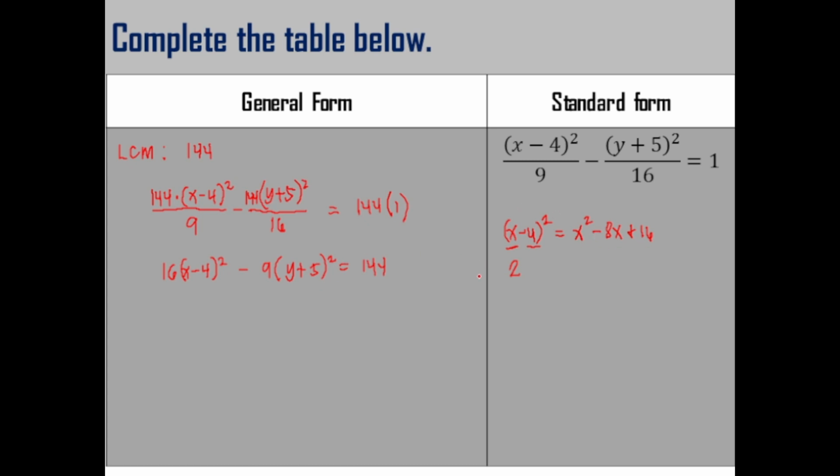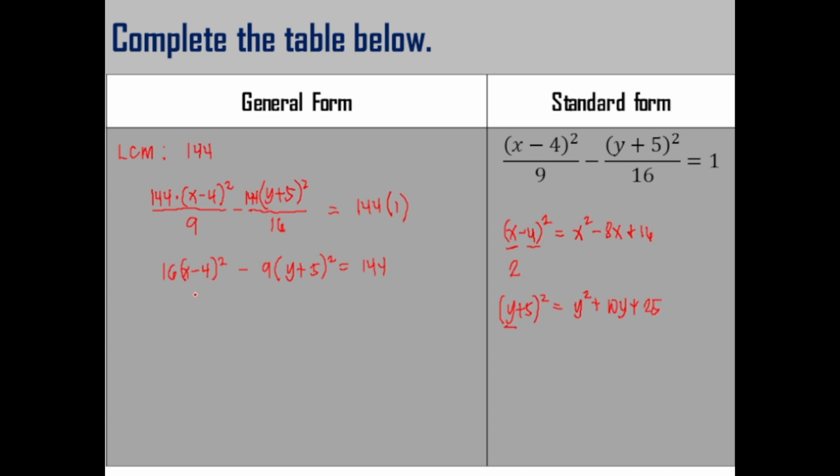Let's have another one. (y plus 5) squared, same process. Square the first term, that's y squared. Multiply the first term y and the second term by 2, so y times 5 times 2 is plus 10y. And then square the last term, 5 squared is 25.